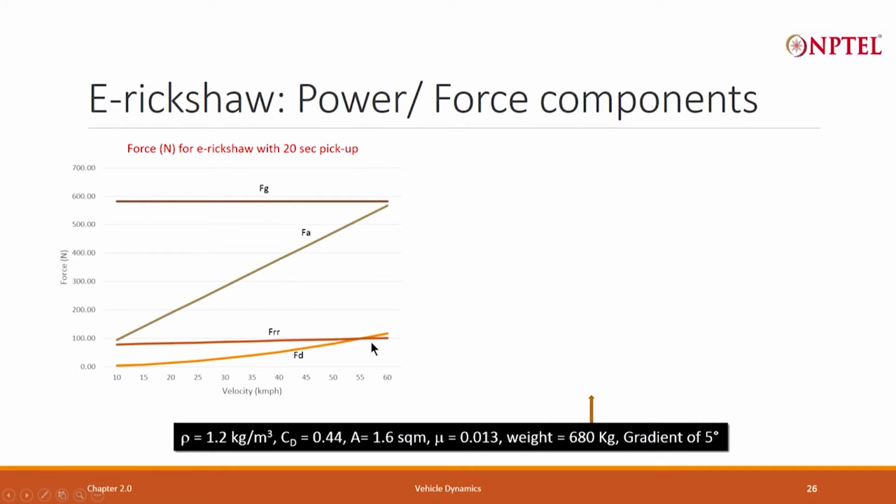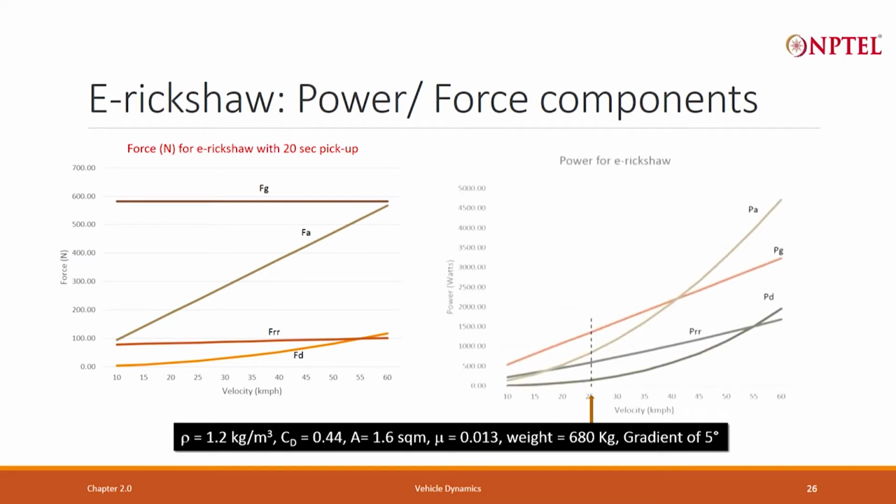It is not a function of mass. It does go up a bit because of the area going up, but not considerable. CD also changes. Okay? So, this is the force for e-rickshaw. So, now I will actually look at that.